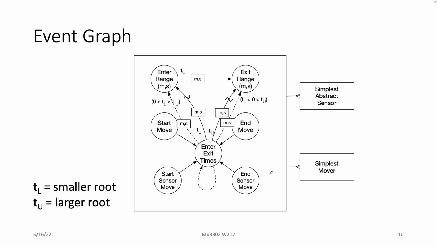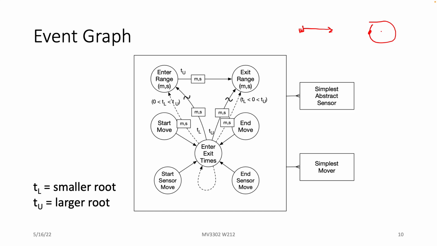And then because the movers can shift, for example, if this is our sensor and our target starts moving like this, we're going to schedule an enter range here based upon the quadratic formula.